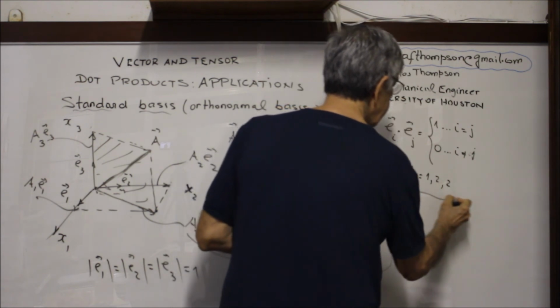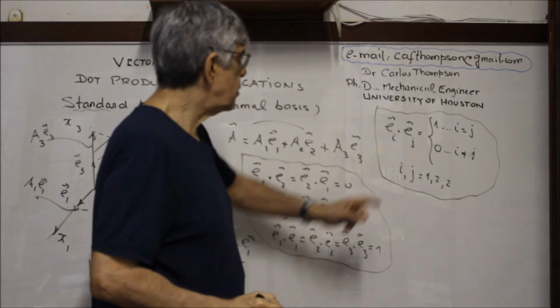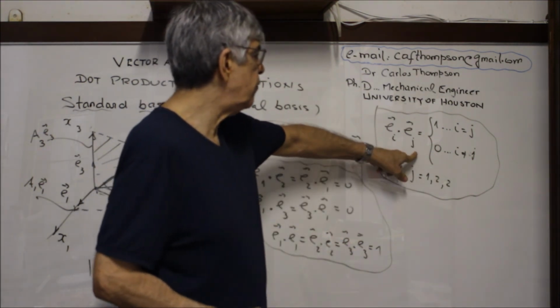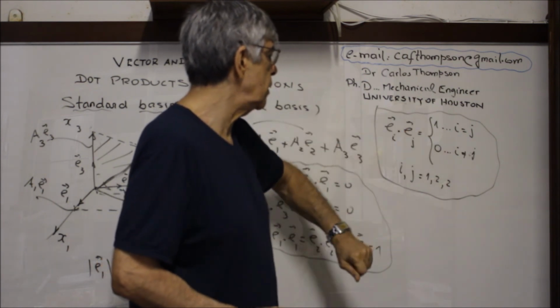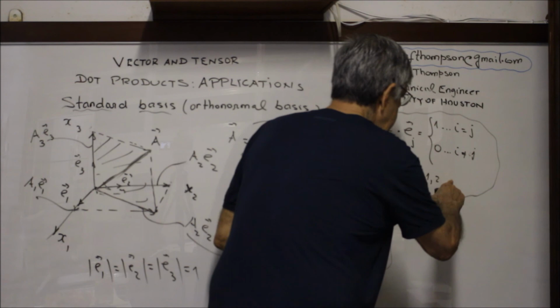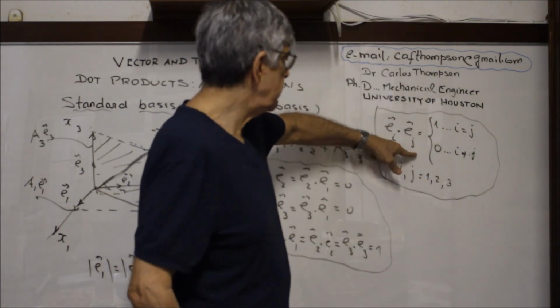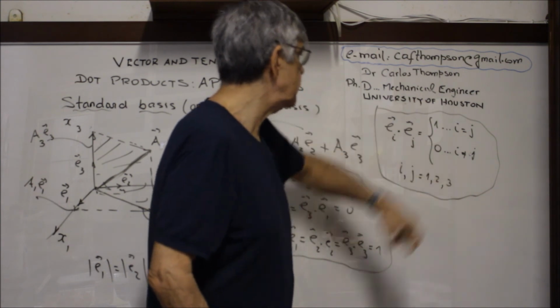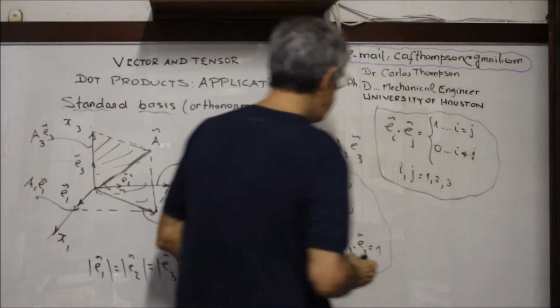This is very interesting because when i is equal j, for instance i is equal 1, this will be 1. Suppose i is 1, j is 2, this is 3, then Ei dot E2 will be 0, because i is different from j.